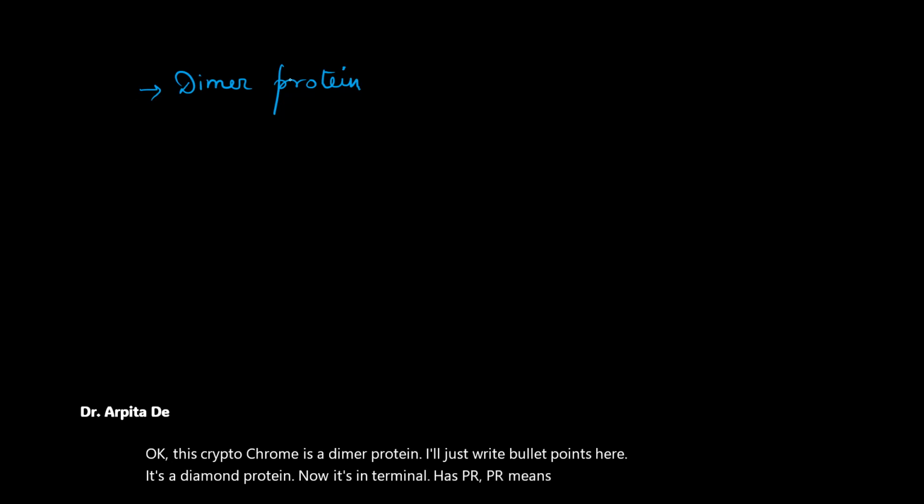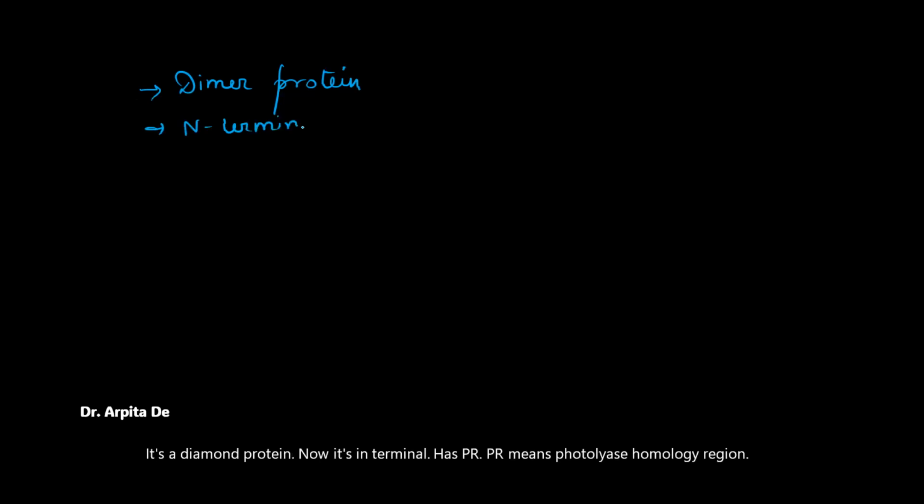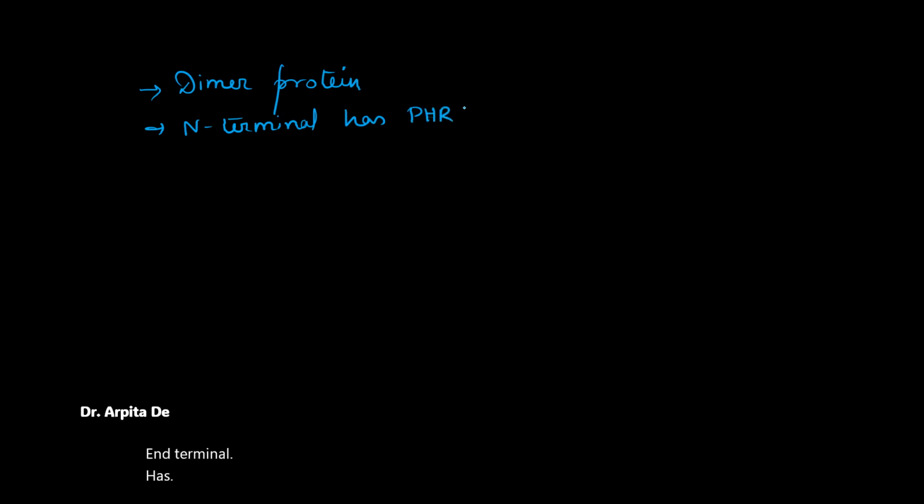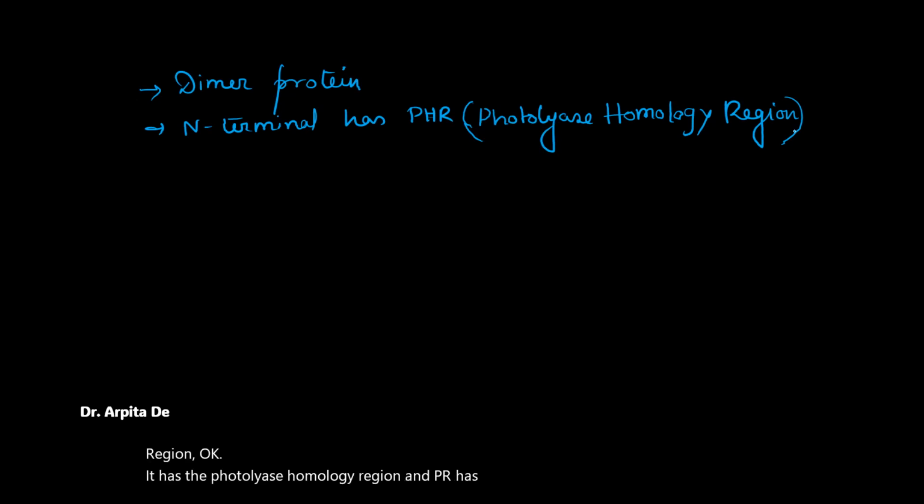PHR means photolyase homology region. Okay, it has the photolyase homology region, and PHR has two chromophores.